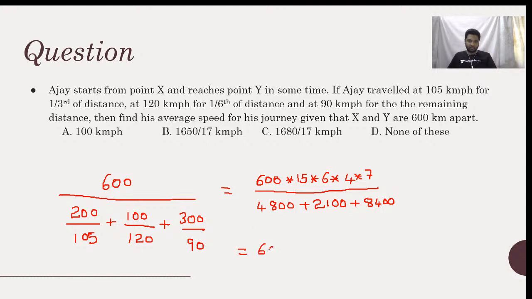I'll keep this as it is: 600 into 15 into 6 into 4 into 7, whole thing divided by 4,000, 5,000, 6,900, 7,300 plus 8,000, 15,300.